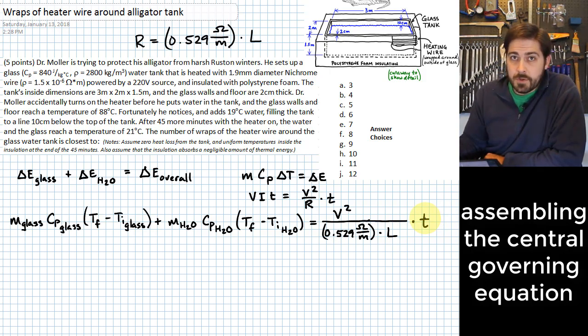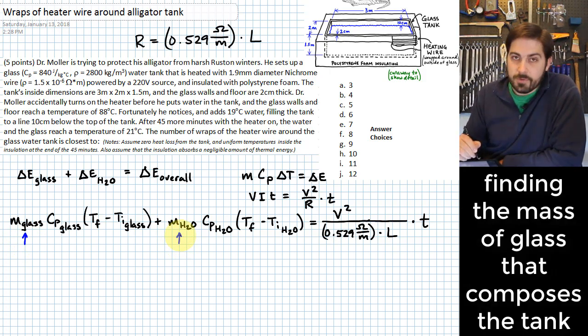Okay, so the most difficult thing, or maybe the most tedious thing I really should say about this problem, is coming up with how much mass we have for the glass and how much mass we have for the water. This is a little bit of a pain for this problem because we are given some geometry of this tank. We know the inside dimensions, they are given here.